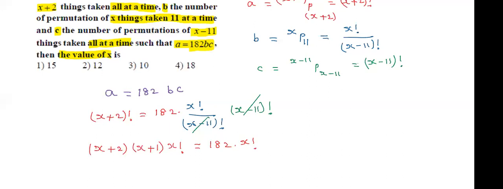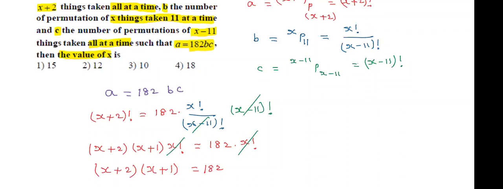Students, here observe that x factorial is cancelled. Remaining, what is there? x plus 2 into x plus 1 is equal to 182. x plus 2 into x plus 1 means those two are consecutive numbers.